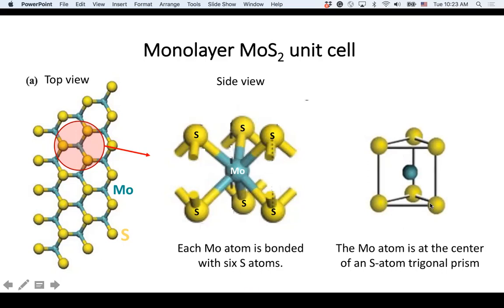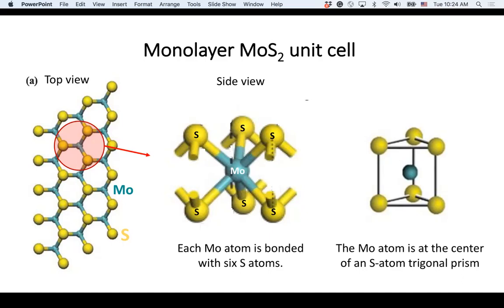I just copied this figure to help you understand that this is a trigonal prism. You know what a prism is, right? You use a prism in the lab. Trigonal prism means the top surface and the bottom surface are triangles. So they form a trigonal prism.